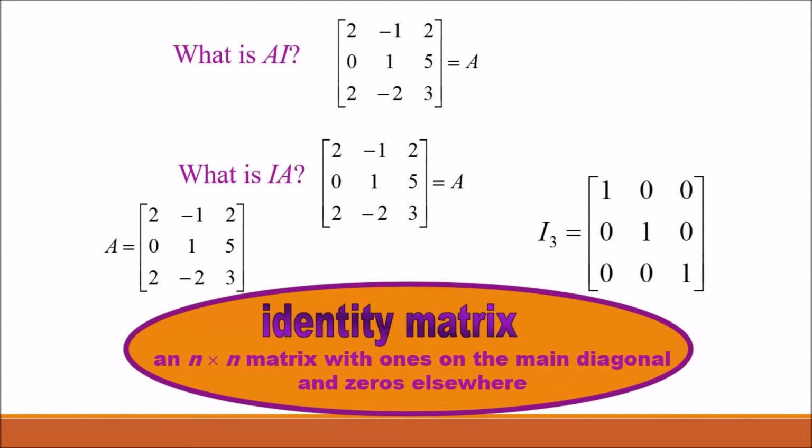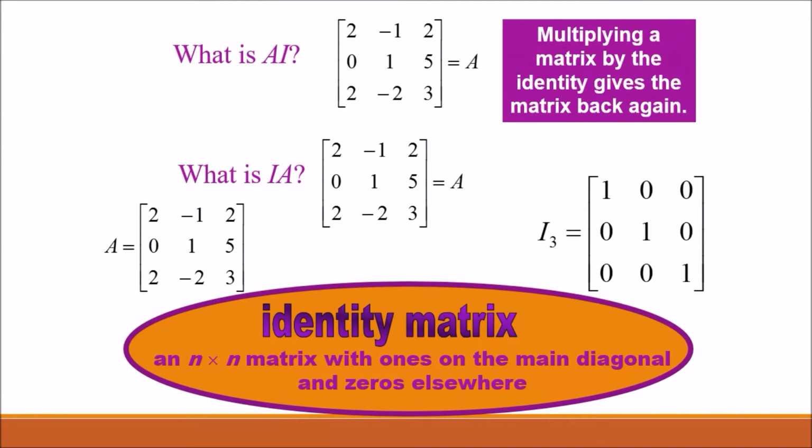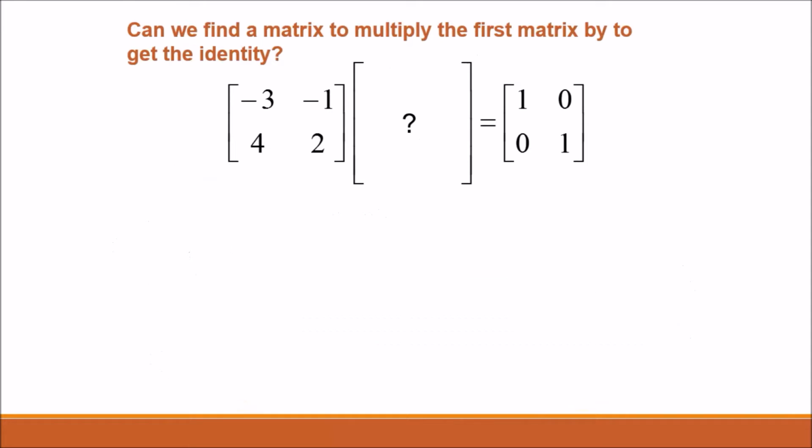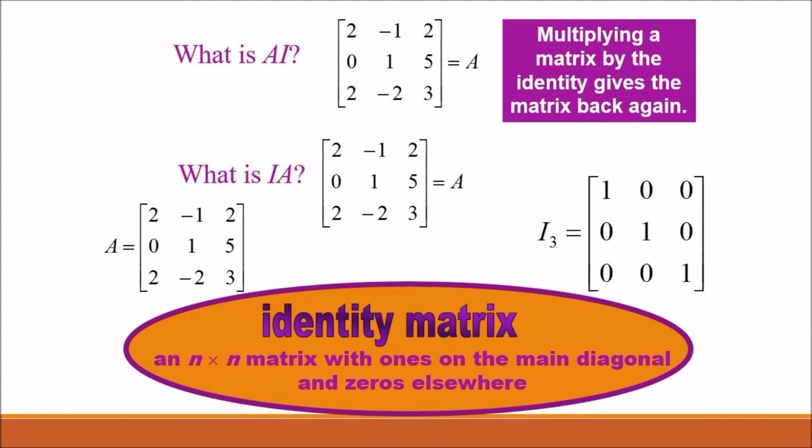Again, the answer will be A. Therefore, we can say that multiplying a matrix by the identity gives the matrix back again. No matter if you are finding out A into I or I into A, the answer will remain as A.